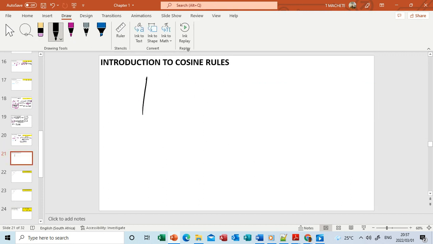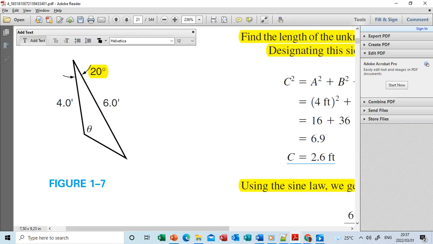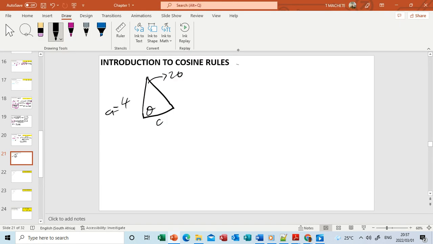It's fine, but I'm guiding you. I'm not going to do that problem. You guys must do it. So theta is here, it's 4. Then it's 20 here. Then you've got C. This is your A. Then you've got 6. This is the last question, guys.